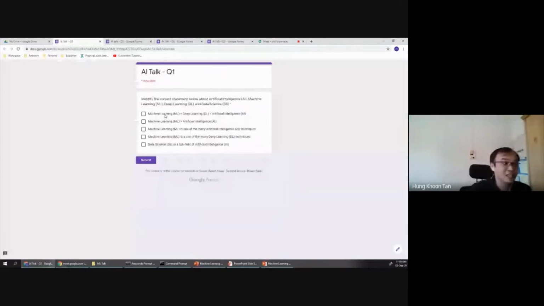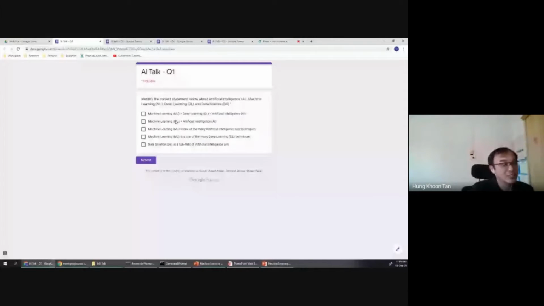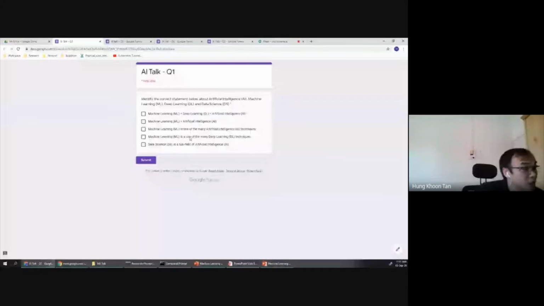Machine learning, deep learning, and artificial intelligence are basically different things. It's not really. Machine learning is basically a subset of artificial intelligence. Machine learning is one of the many AI techniques. Yes, this is correct. Machine learning is one of the many deep learning techniques? Oh, this is wrong. Actually, in the end, only this one is right. The others are wrong.